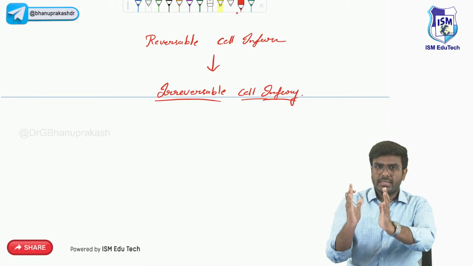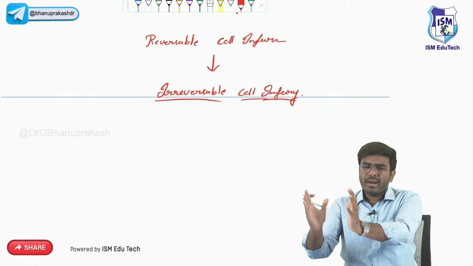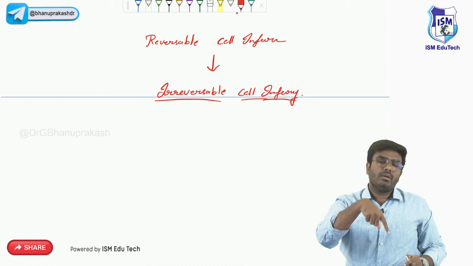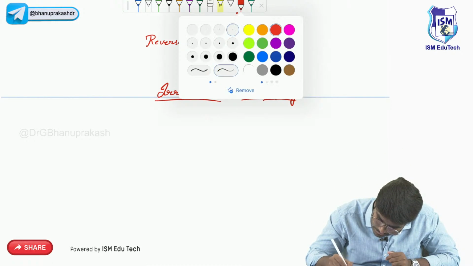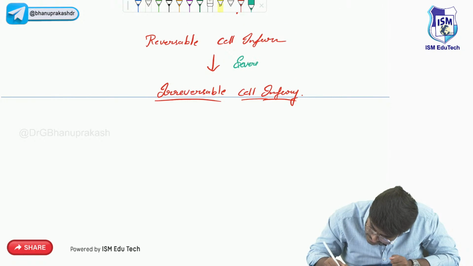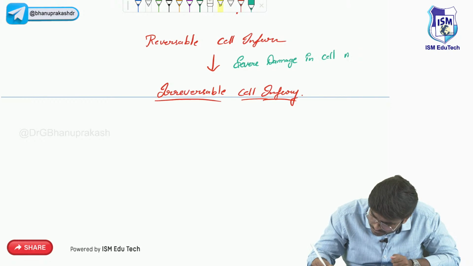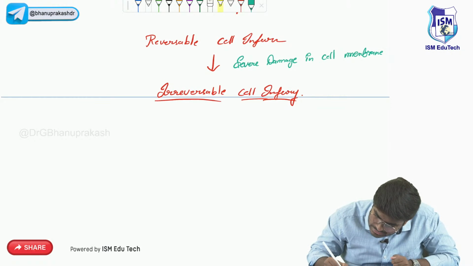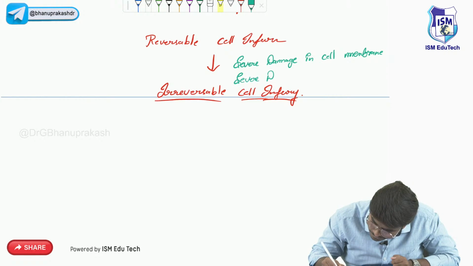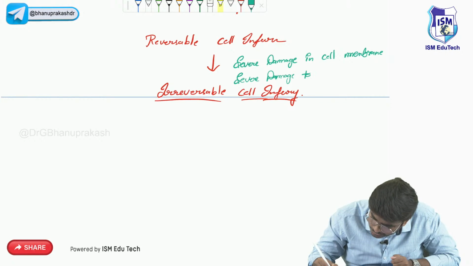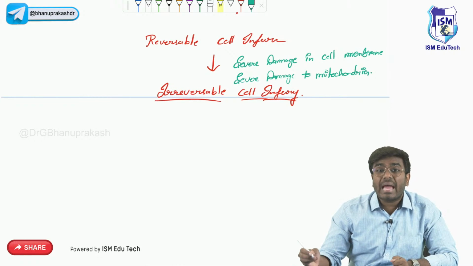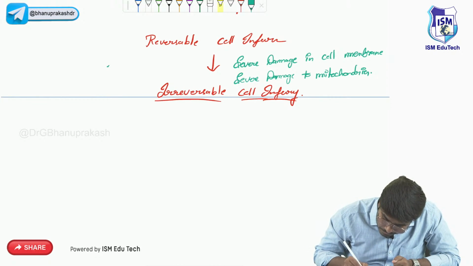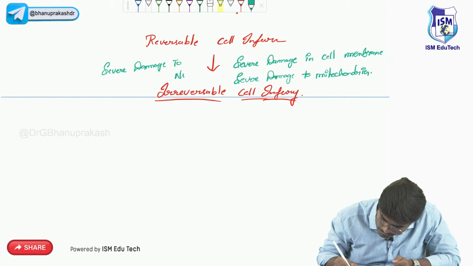Stress. Reversible cell injury. But whenever there is severe damage in the cell membrane, and severe damage to mitochondria, and severe damage to the nucleus.